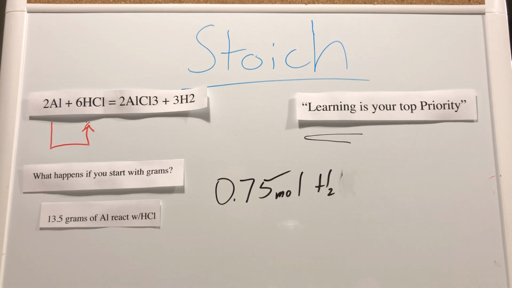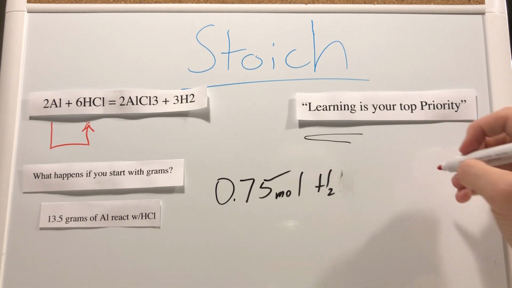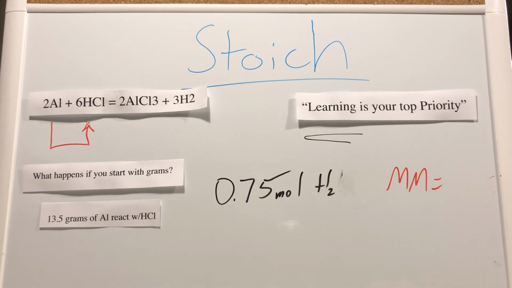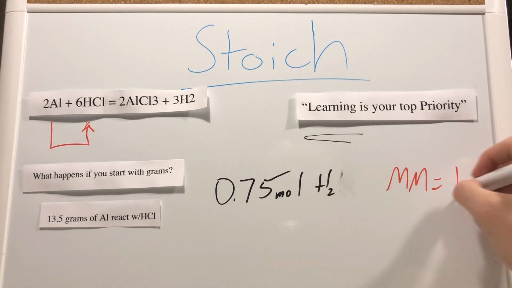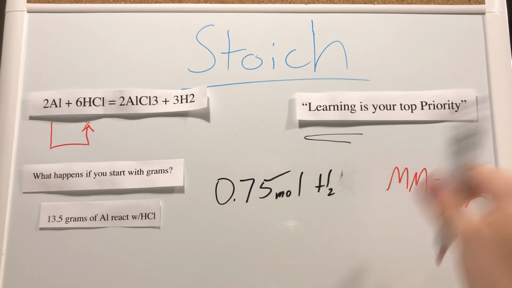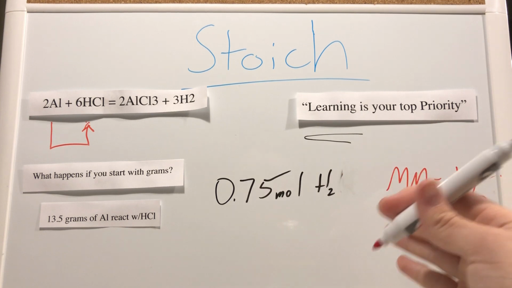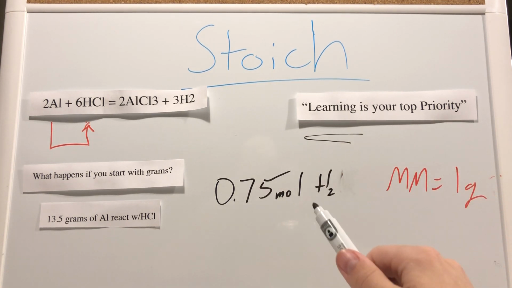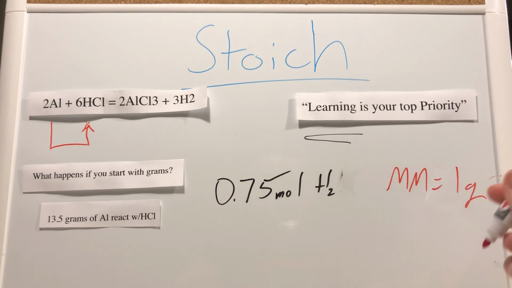And now we need to use our molar mass again to get back to grams. In this case, our molar mass for H2 is going to be around 1 gram per mole. But for just the element hydrogen, it's going to be 1. But in this case, because we have a subscript 2, it's going to be 2.